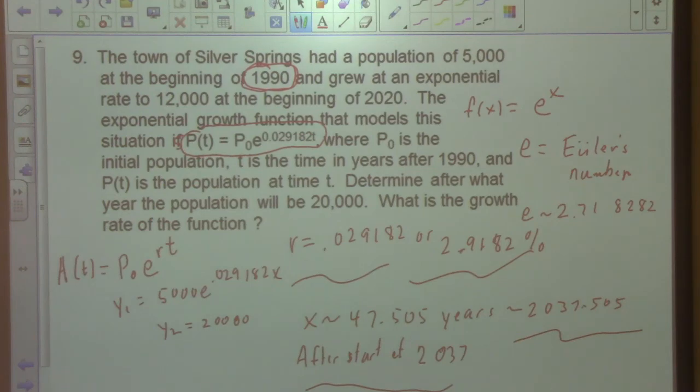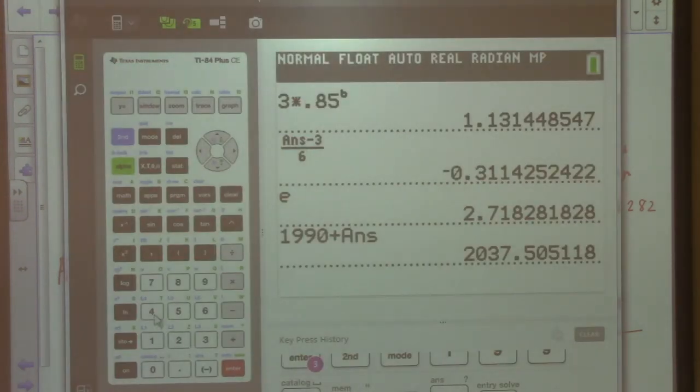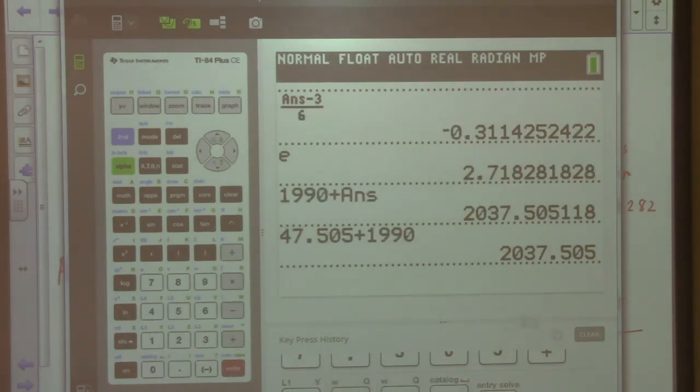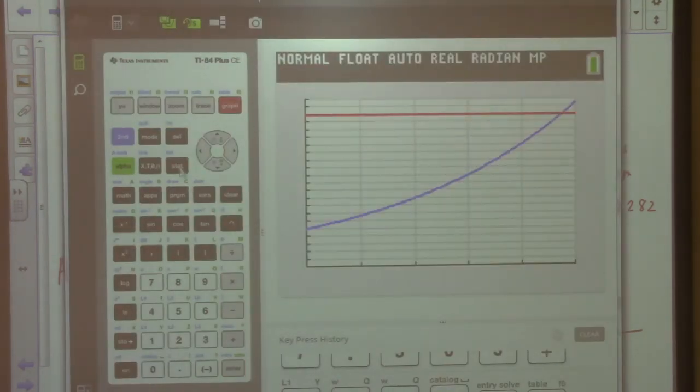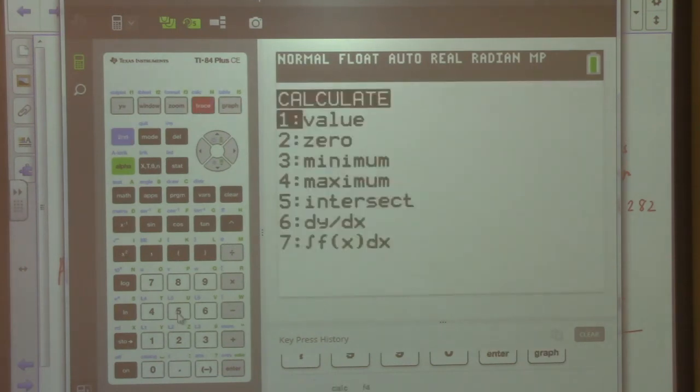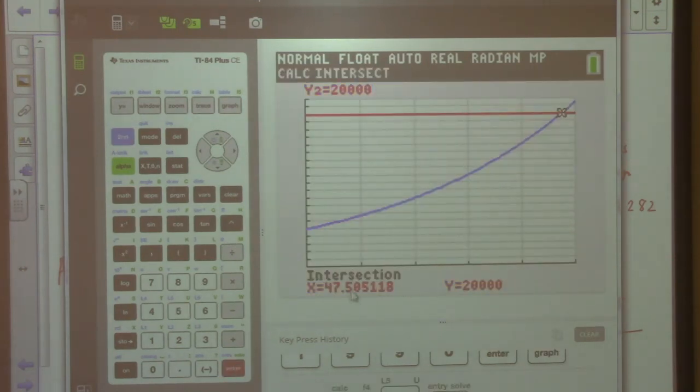So 47.505. It's 1990 plus 47, plus this number right here.